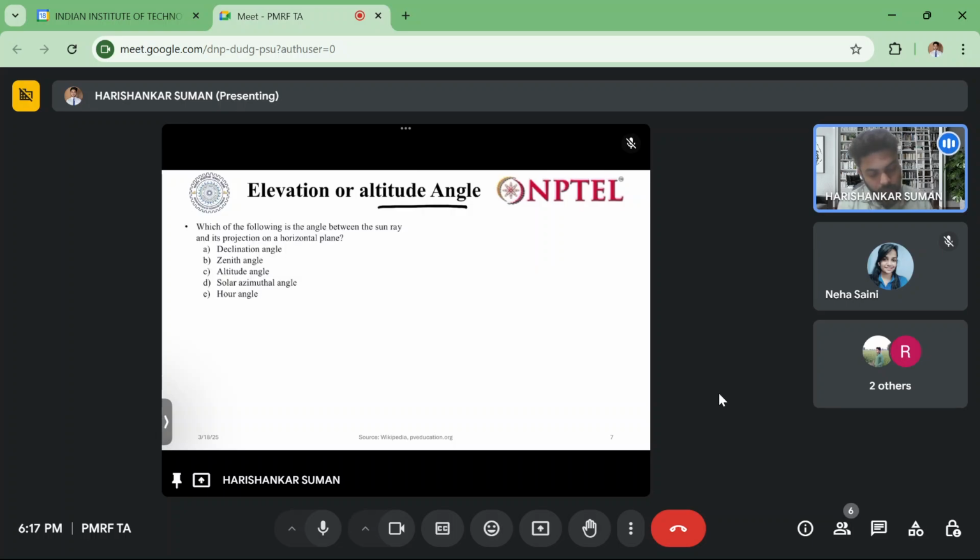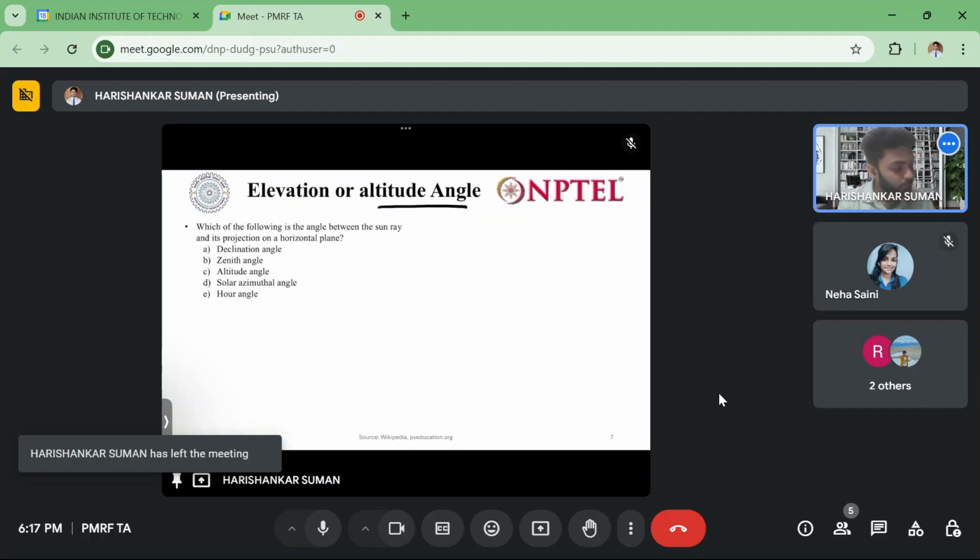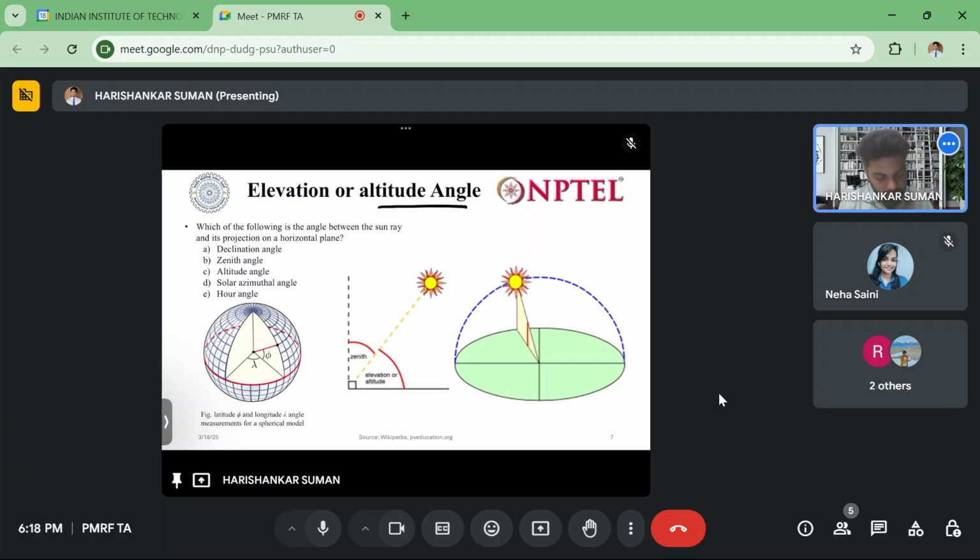Elevation or altitude angle. Which of the following is the angle between the sun ray and its projection on the horizontal plane?